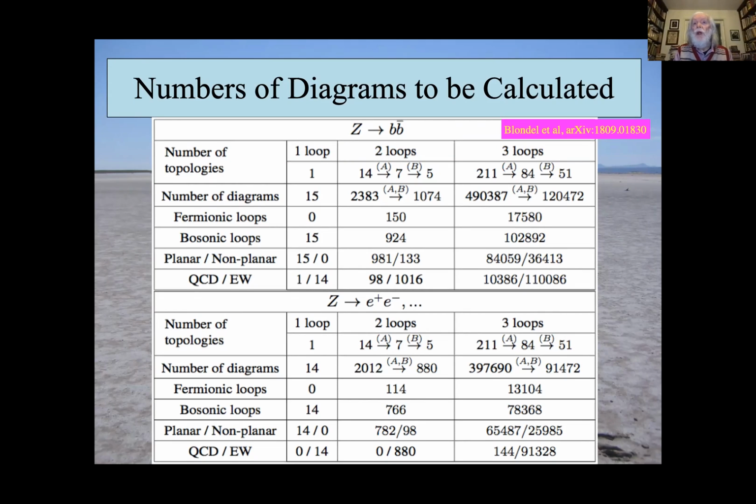So this process, if you want to match the prospective experimental errors, should be calculated to three-loop order, which is going to involve calculating not just dozens, not just hundreds, not just thousands, not just tens of thousands, but over 100,000 individual diagrams. So there's plenty of work for us theorists. There's no danger that we're going to be out of a job.